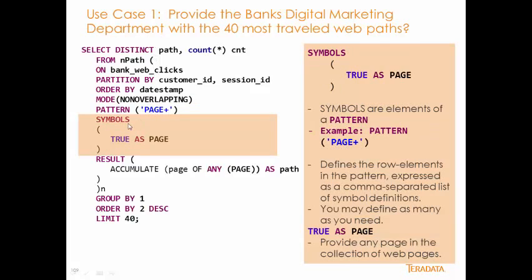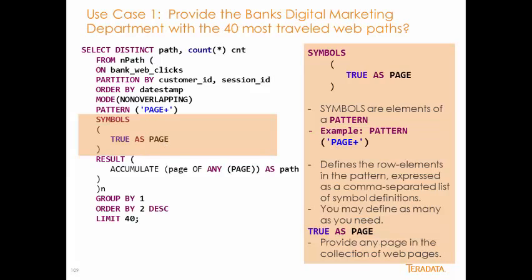Okay, so the next thing is we're going to define a set of symbols. You'll notice that I skipped over pattern, and I'll explain why. The symbols are elements, so true as page. This page right here is synonymous with this pattern right here. So this is a symbol that is defined that we're looking for. And true as page means we're not looking for anything in particular. We want to see the data in its rawest form. And you can define a comma delimited set of these. You can define as many of them as you want.